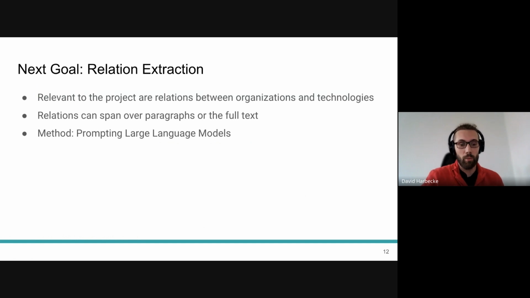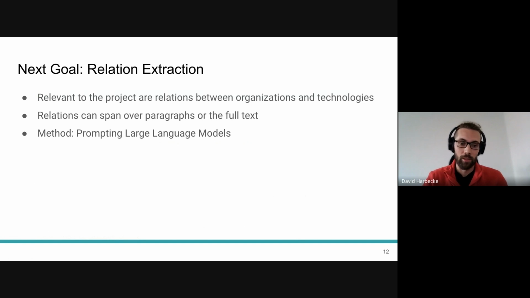So what we're currently doing, and what Jan will get to in more detail in a bit, is that we're prompting large language models, for example ChatGPT, to produce output that detects this basically in one go.